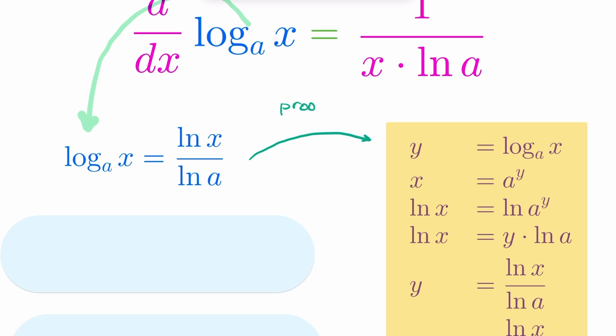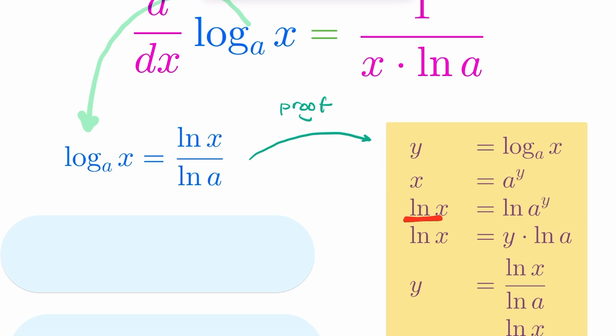If you look at log x, and if we were to call it y, we can rewrite x as a to the power y. That's just the definition of log. So x is a to the power y, and then we can take the natural logarithm of both sides.